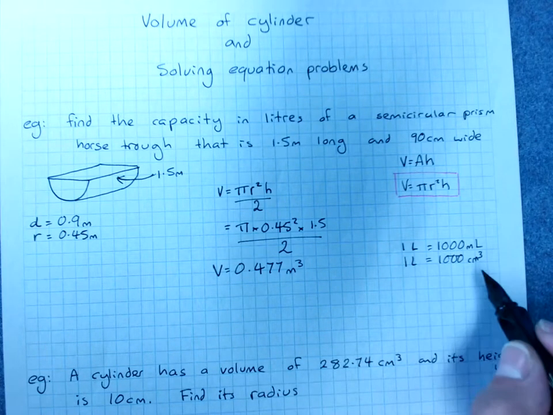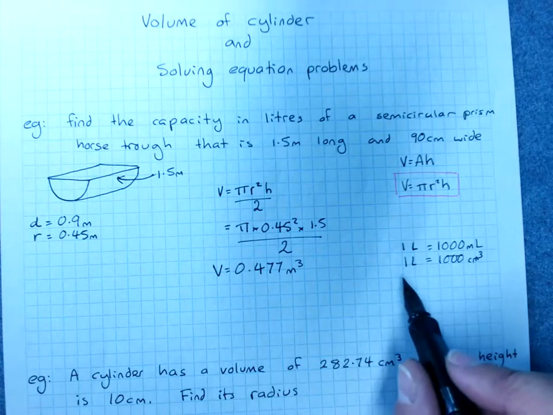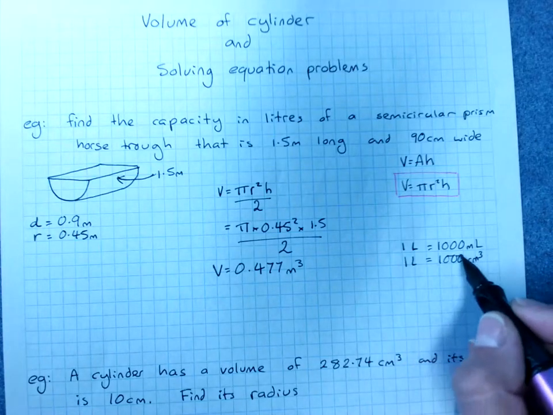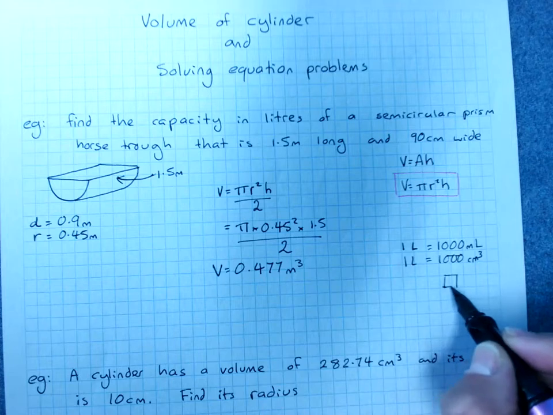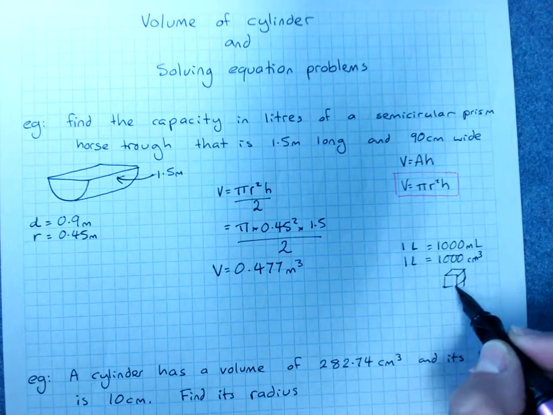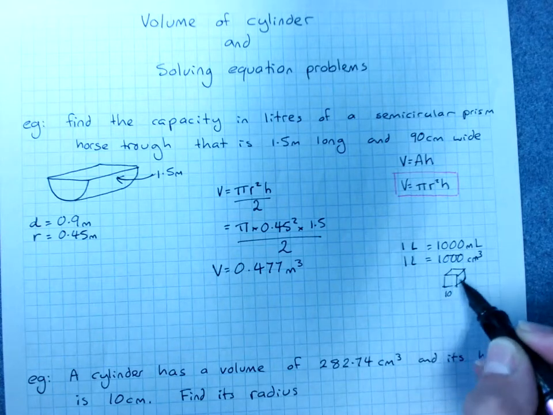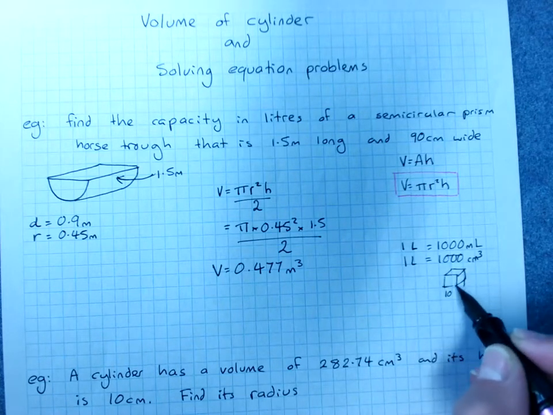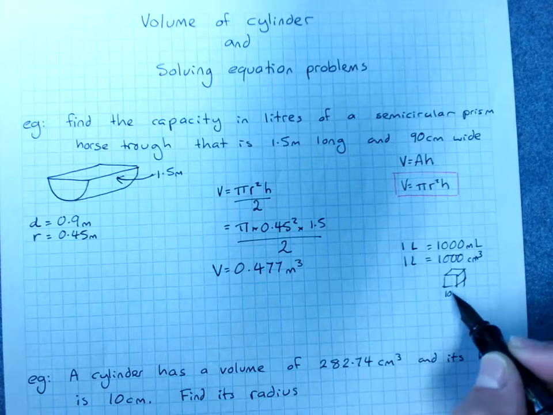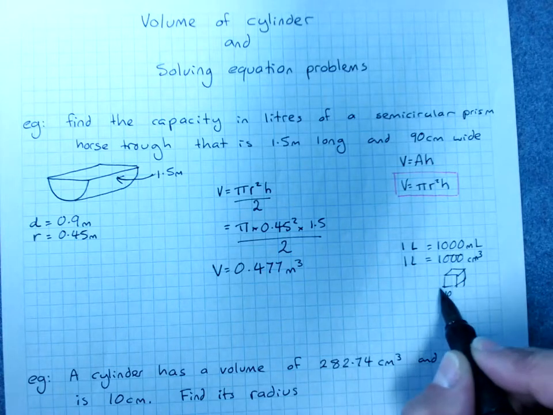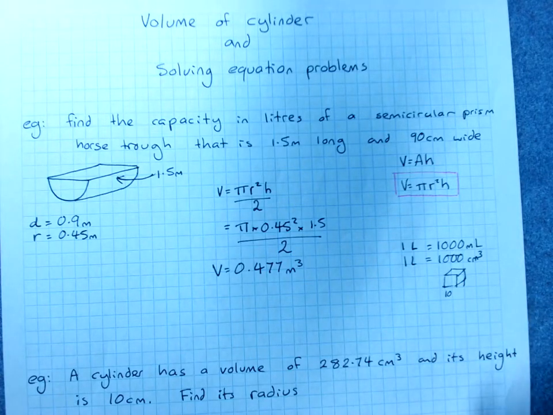So we probably want the number of litres per metre cubed. Think about this 1,000. That would be a cube that was 10 by 10 by 10. 10 times 10 times 10 is 1,000. So a litre is a cube of 10 centimetres side length.